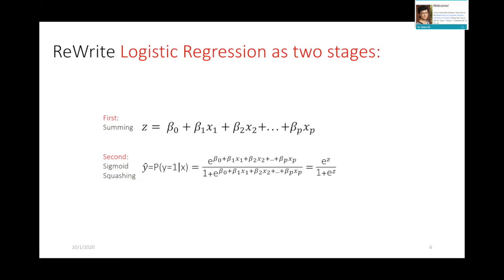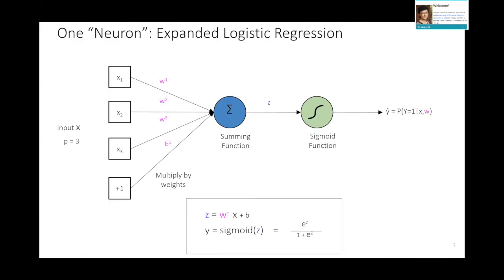We call that the sigmoid squashing or compression step. Then we show you this block or circle view. Essentially, this is our z variable, and in the logistic regression case, the y hat is our prediction, that's just the p hat.